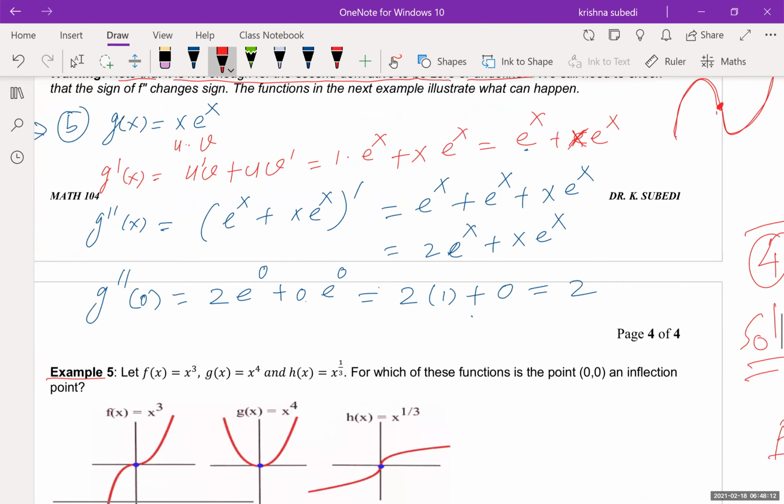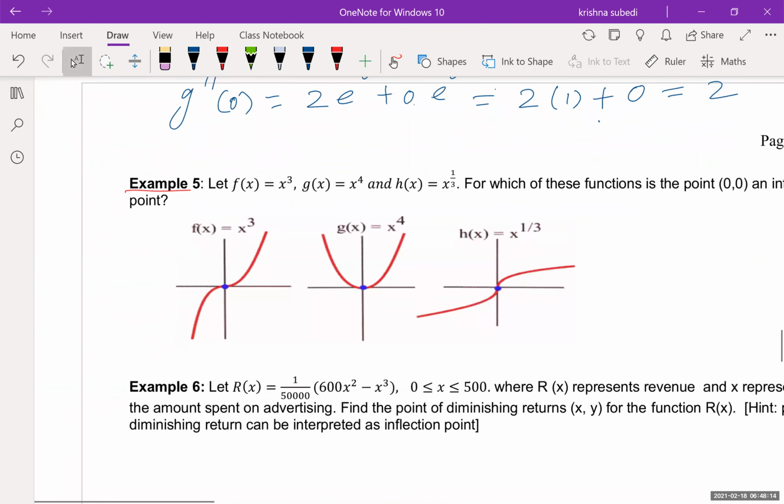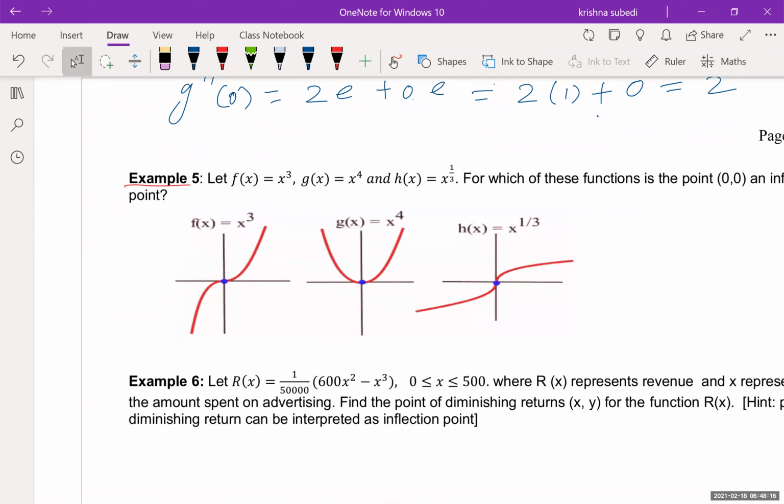Now let us look at one example to see what I mean. Example 5. I draw the graph for each of these functions. We have three functions here, f, g, and h. f of x is x cubed, g of x is x to the power 4, and h of x is x to the power 1/3.